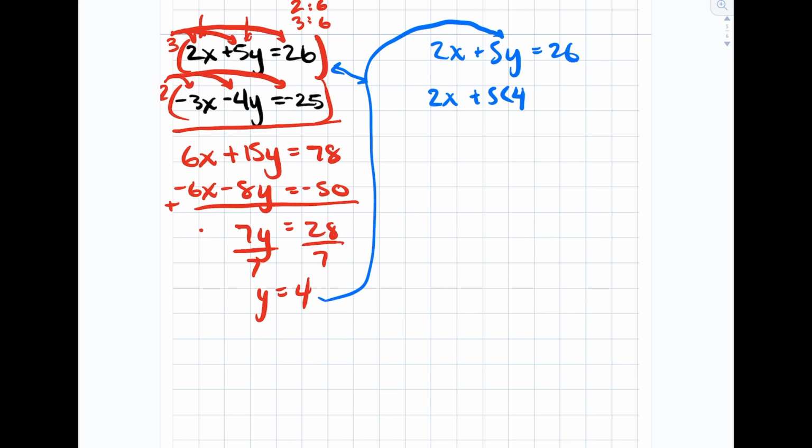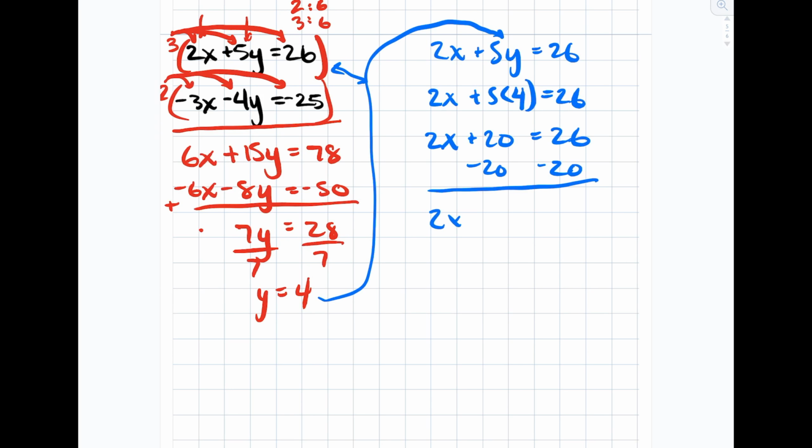So 2x plus 5 times 4 is equal to 26. So 2x plus 5 times 4 is 20, which is equal to, subtract 20 from both sides. 2x is equal to 6. Divide by 2, x is equal to 3.